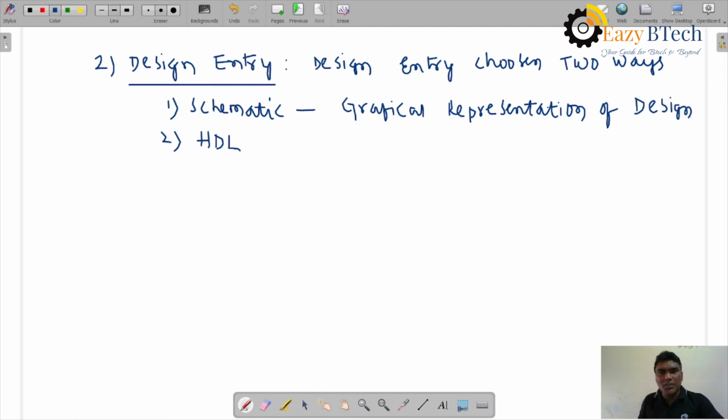After specification, the design can be represented in an entry. The entry level is a schematic representation and an HDL representation.